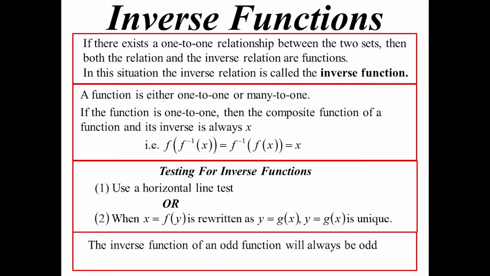Another fact about inverse functions: the inverse function of an odd function will always be odd. So it'll be an odd function as well. Whereas even functions won't have inverse functions, because if you think about an even function, it has reflectional symmetry, so it will always fail the horizontal line test.